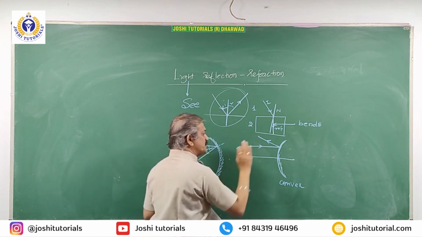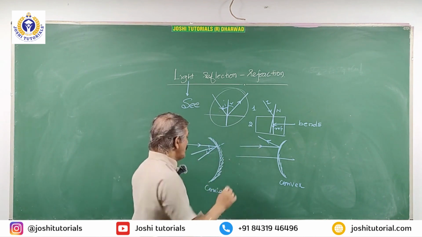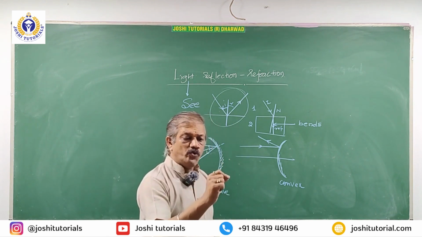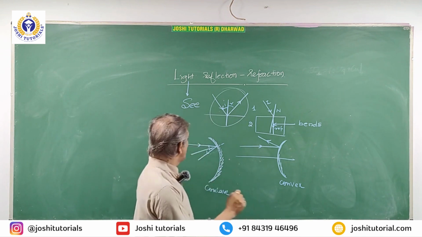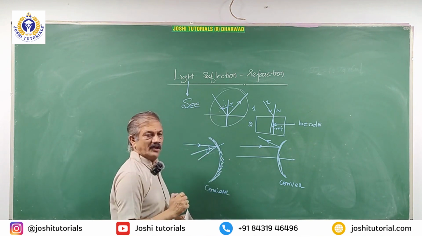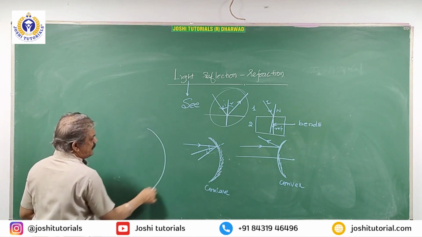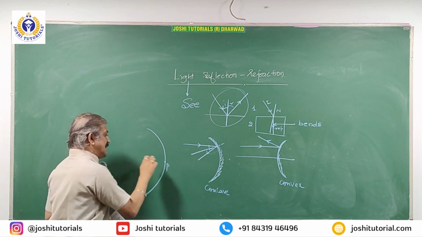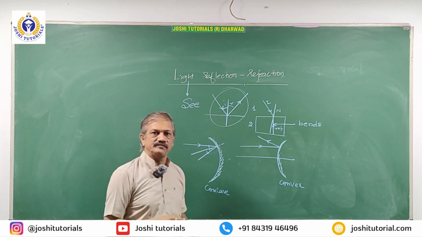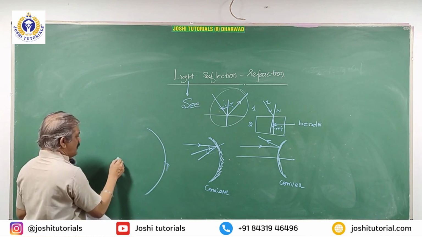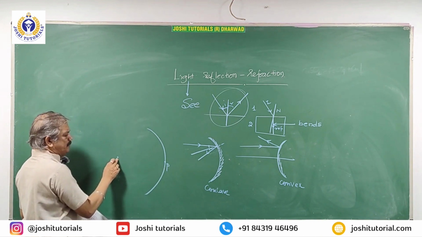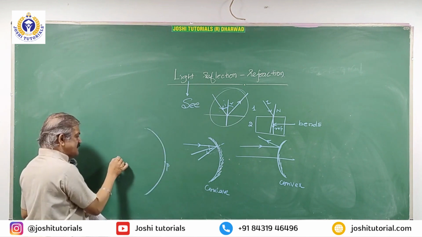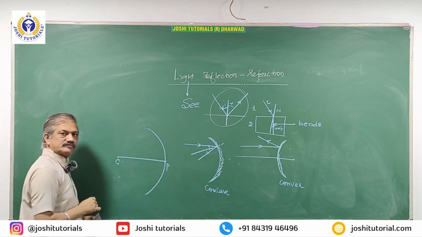There is one definite question. Remember, you are going to get a question like how to draw the image for a particular object. Say this is concave, this is P, pole of mirror, the central part of the mirror. When you draw a curved line from this point, it is called radius.